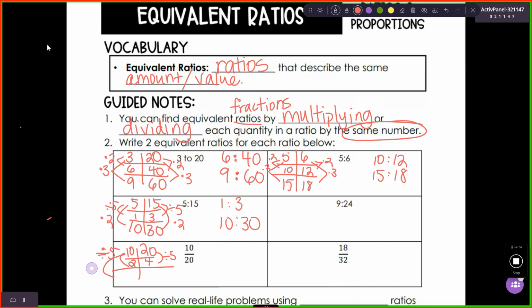Instead of dividing by 5, we can divide by 10. So 20 divided by 10 is 2, and 10 divided by 10 is 1. So my equivalent ratios are 1 to 2 and 2 to what? 4.